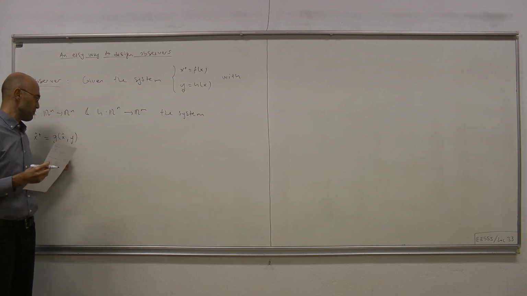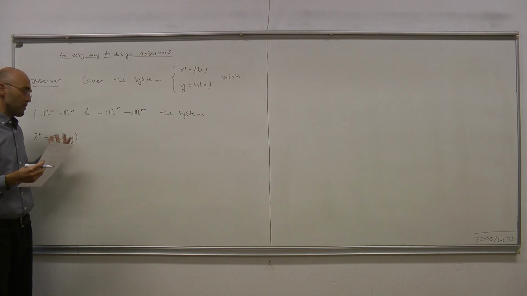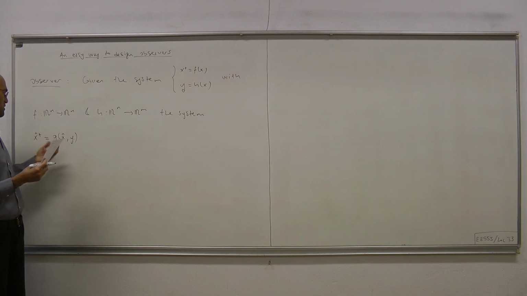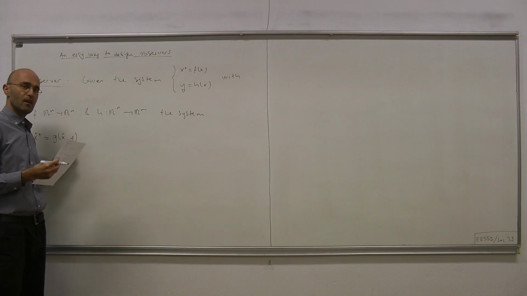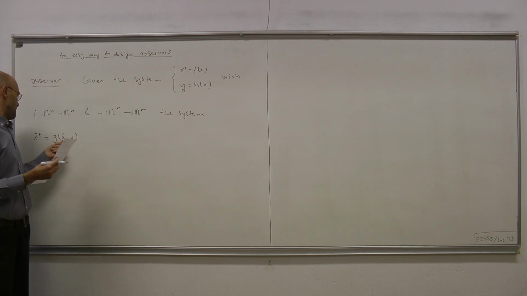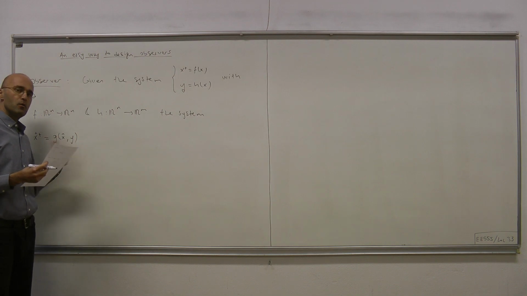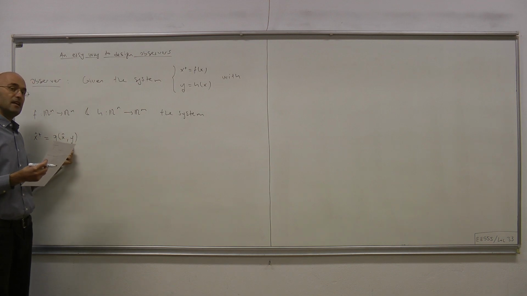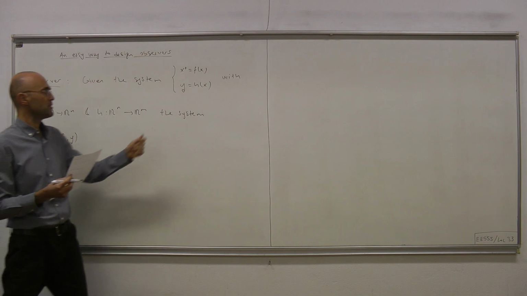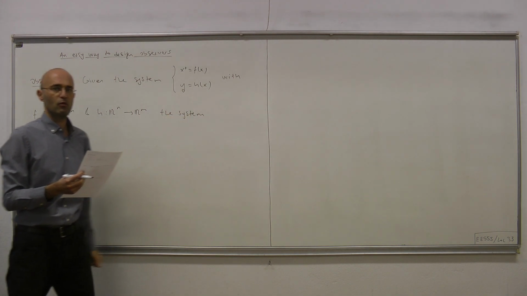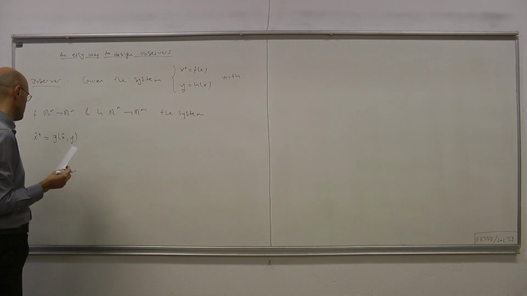So this is a system we can consider as a system with an input, and x hat is the state of the system, and y we can consider as the input to the system. This y, input to the observer system, is the measurement that we collect from the actual original system.